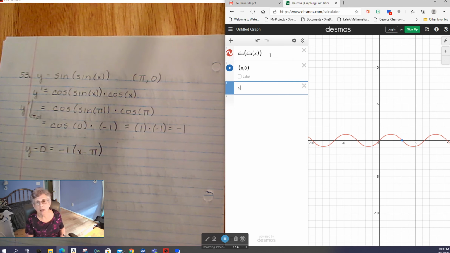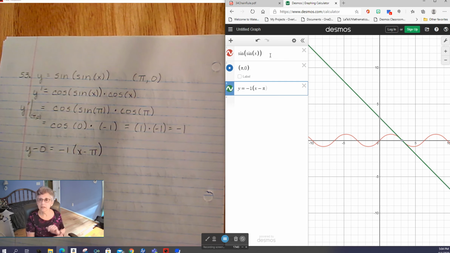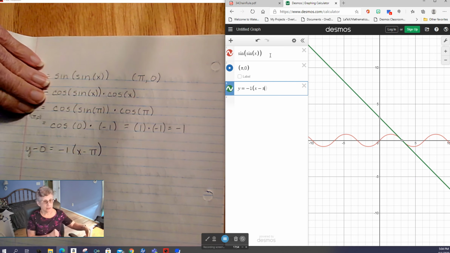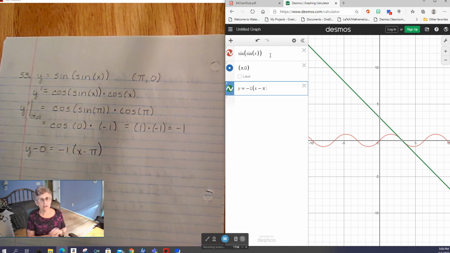And let's look at y is equal to negative 1 times x minus pi. Look at that pretty tangent line. Awesome. Okay. I have a worksheet for you, and I'll do a little intro to that. And I will finish doing all of these, and you will know all about the chain rule. Good job.